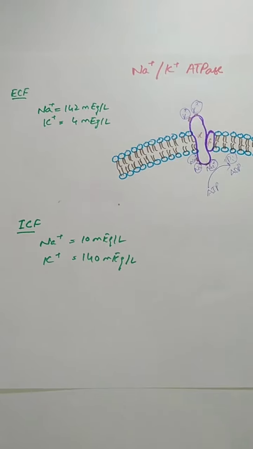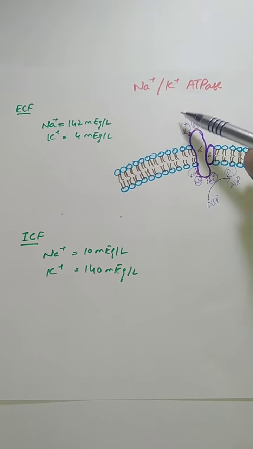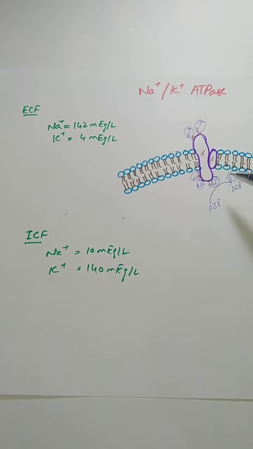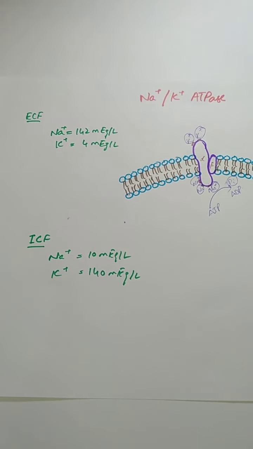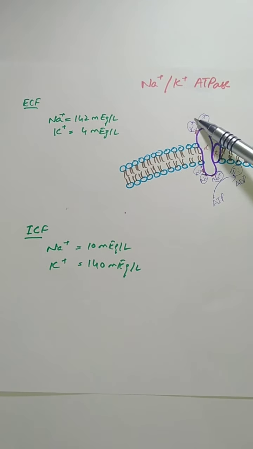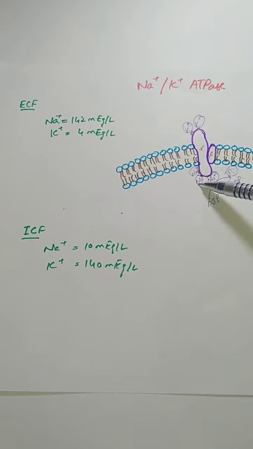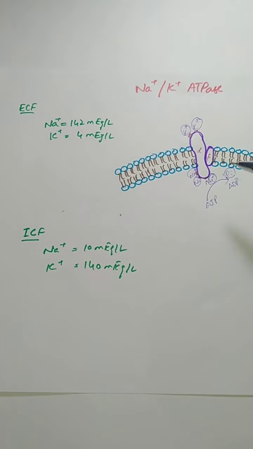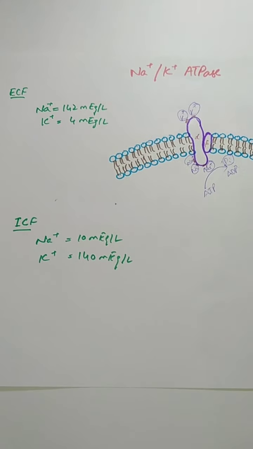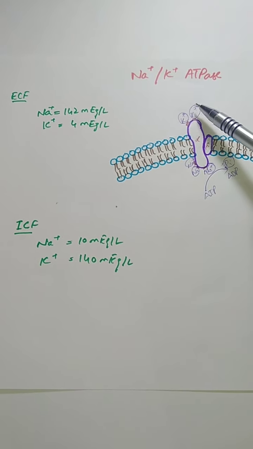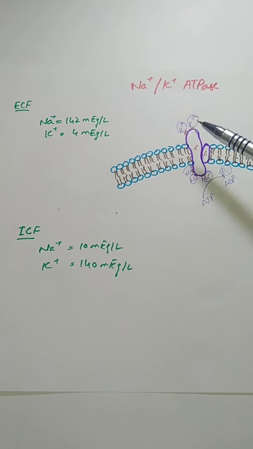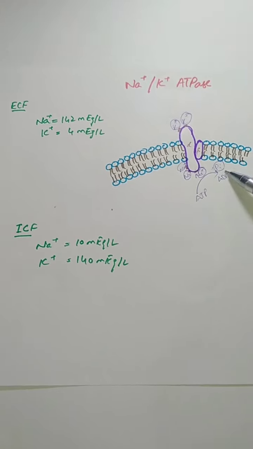Now you must be thinking, what happens when these potassium ions or these three sodium ions, for any reason, are not able to bind to these binding sites? In case of hypokalemia, when there is low potassium outside, obviously fewer potassium ions are gonna bind, so the ATPase activity of this sodium potassium ATPase will be less.